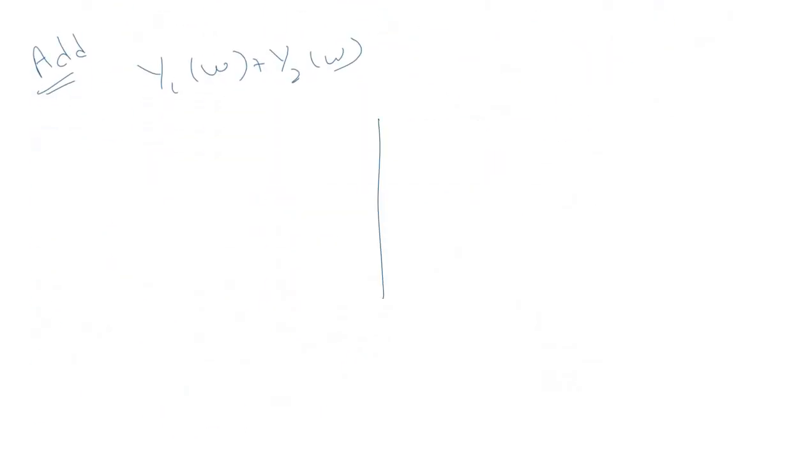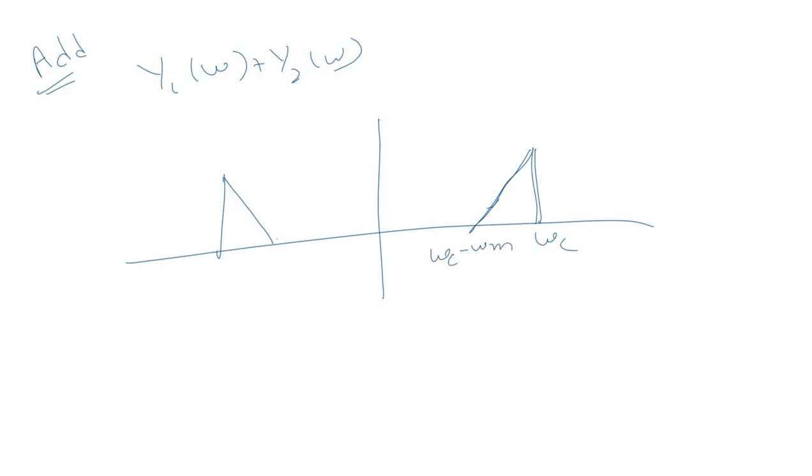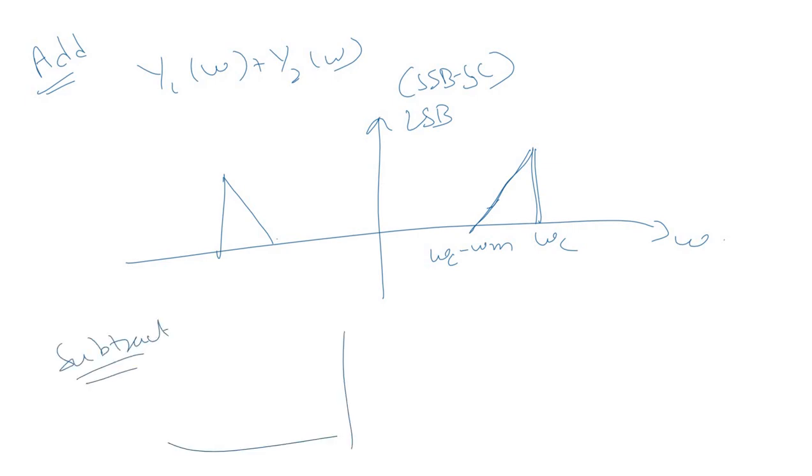So if we add these two, we are left with only the lower side bands. So this is SSB-SC with lower side band, and if we subtract, you will find that we are left with the upper side bands.